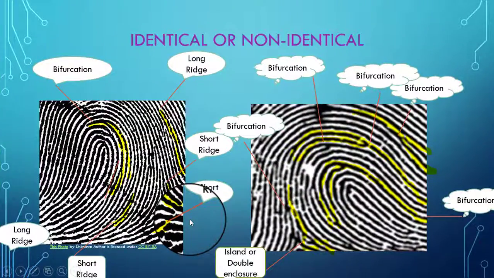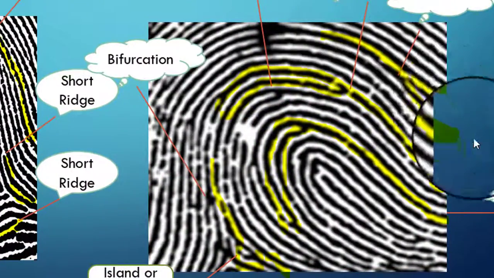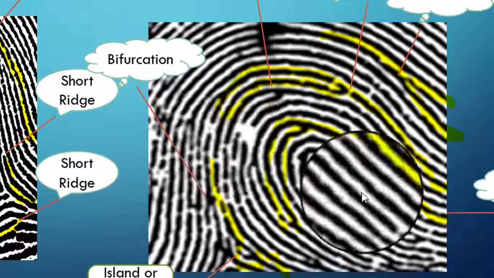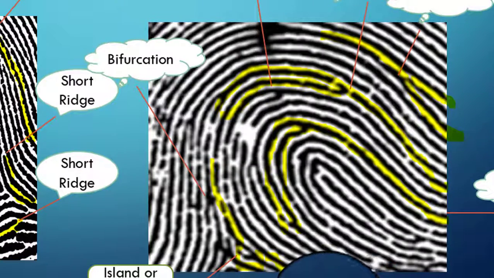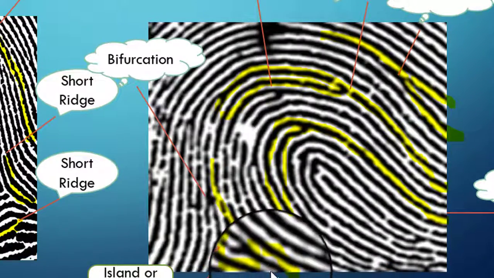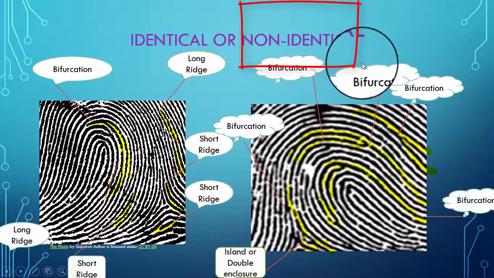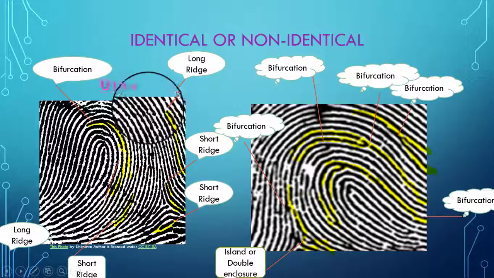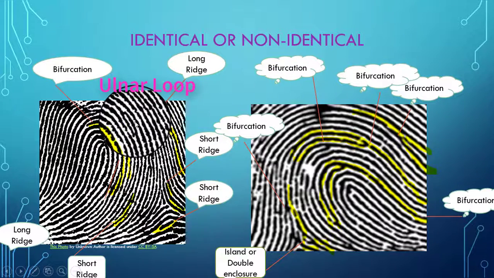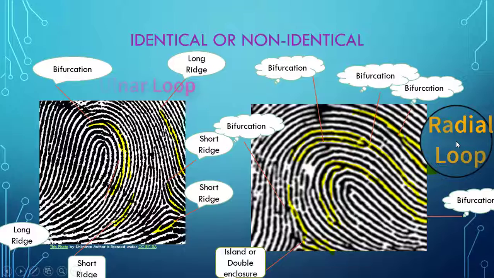The fingerprint on the right has multiple bifurcations and a double enclosure. After comparing these loop prints, these prints are not a match because of the different ridge endings. Also, the print on the left is an ulnar loop, while the print on the right is a radial loop.